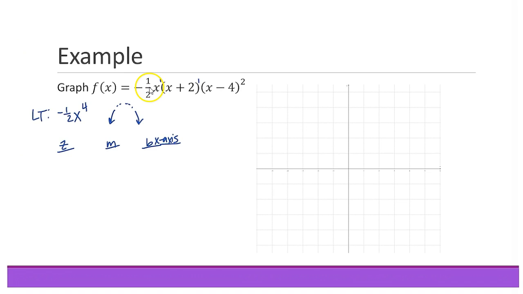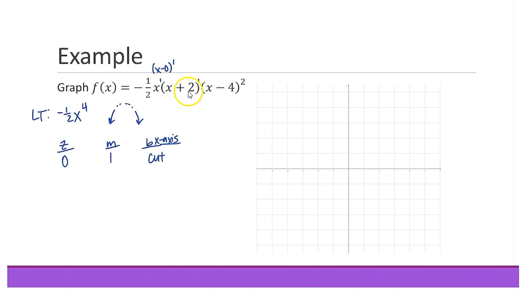So I have an x out here. On the last one I just had the number 2. Here I have a negative 1/2 x, or another way to think about it is this is like x minus 0 to the first. So the zero here is 0. The multiplicity is 1, and it's going to have to cut through the x-axis.